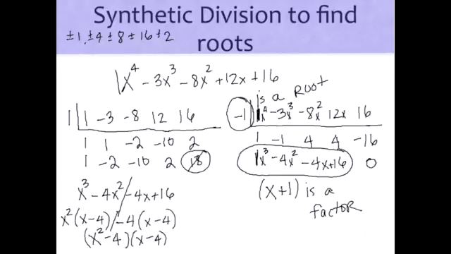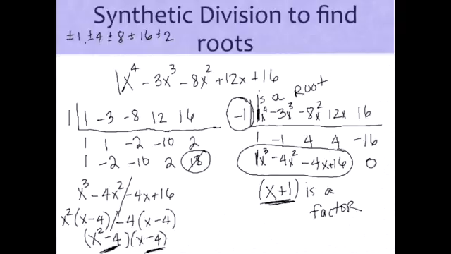So this depressed equation factored by grouping into these two factors. So this was a factor, this is a factor, and this is a factor.